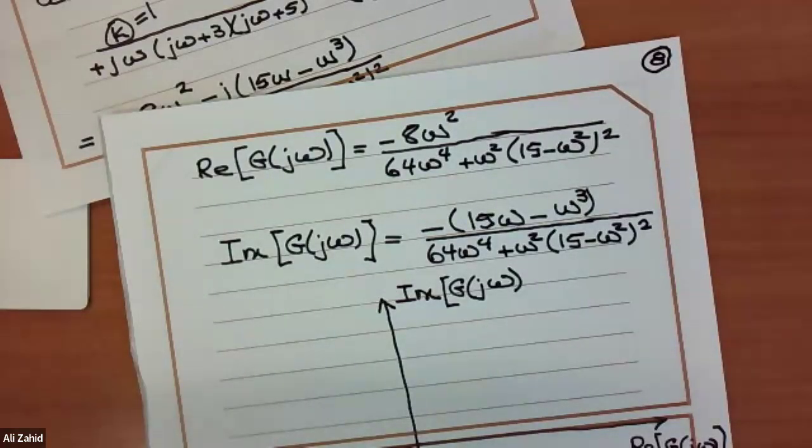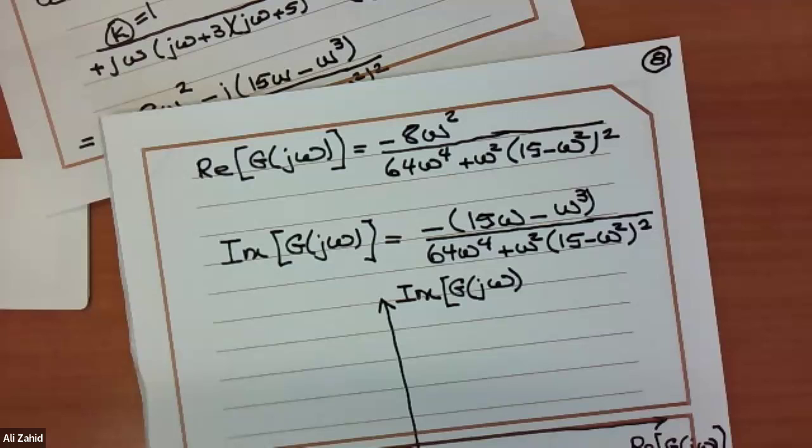How does this one look? I guess start with omega equal to 0. Let's look at the real part. What is the real part at omega equal to 0? Are you at infinity or negative infinity? Why?